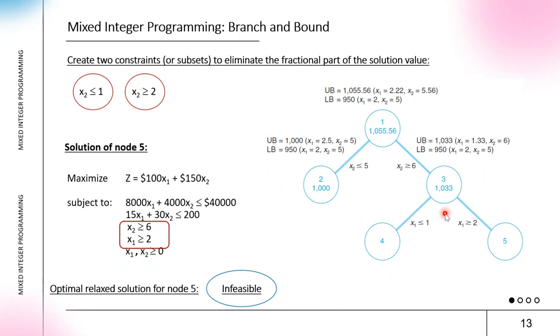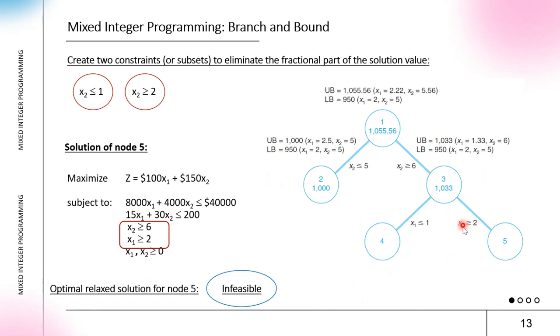After exploring node 4 with the constraint x1 lower than or equal to 1, we now branch in the other direction, node 5. In this node, we constrain x1 to be greater than or equal to 2, this constraint.